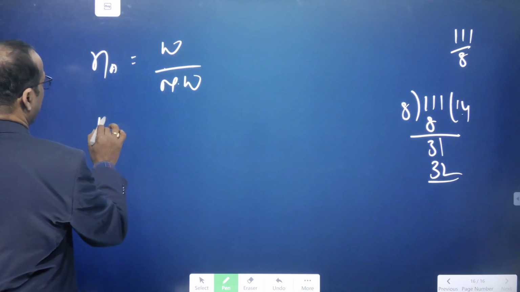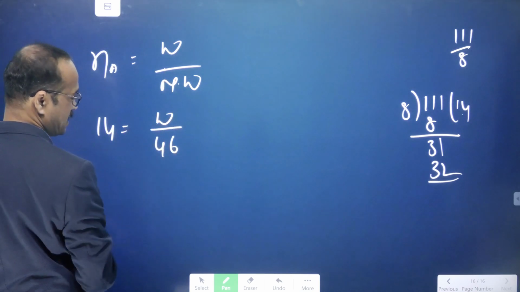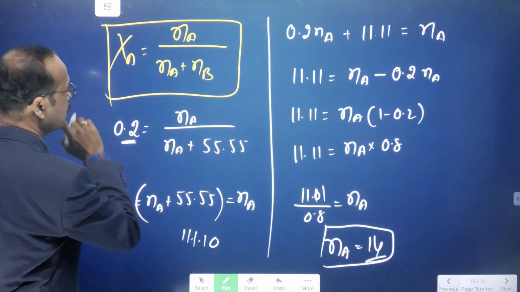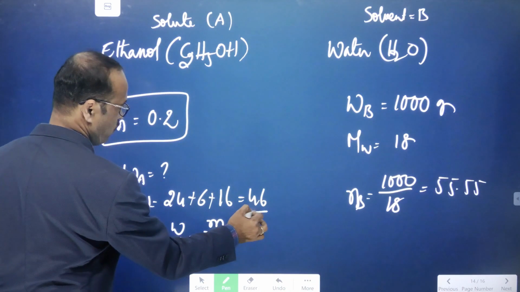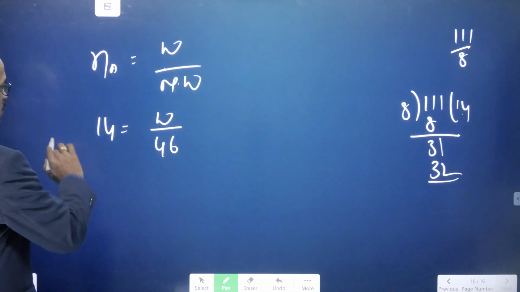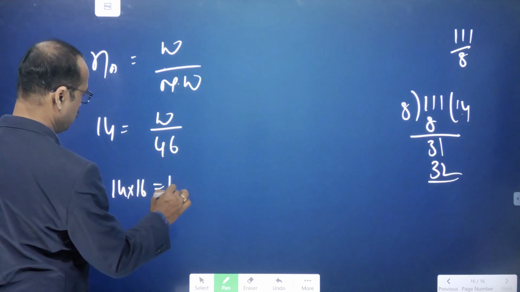So 14 is equal to weight by molecular weight, which is 46, calculated here. So bring this one here: 14 into 46 is equal to W.